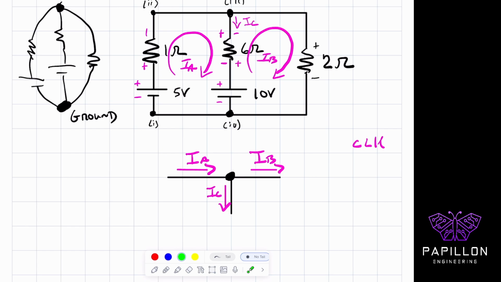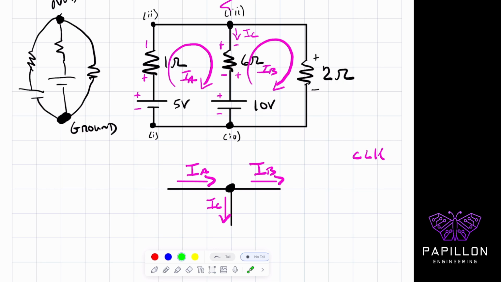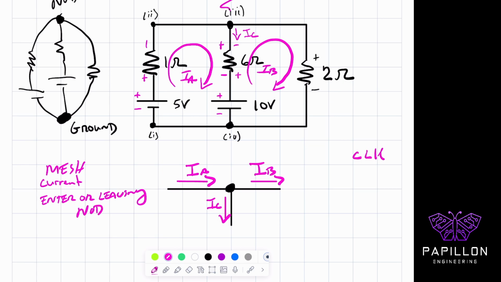Okay, so as you can see here, we have one node, and within that node we have a couple things going on. So we can think about it this way. You could think about the currents, the mesh currents to be more precise, as either entering or leaving the node. Okay, and why is that so important?